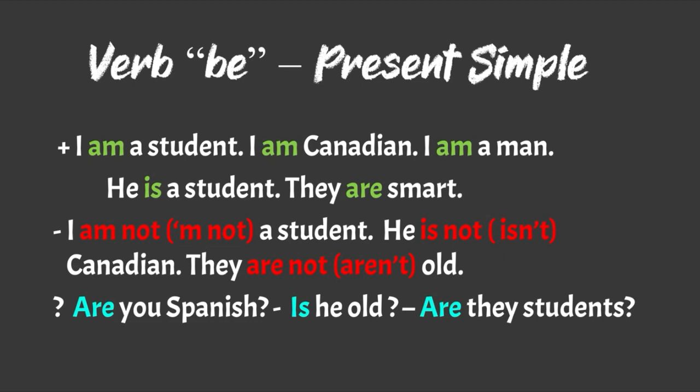For example, for positive sentence, I am a student. I am Canadian. I am a man. He is a student. They are smart. Okay?